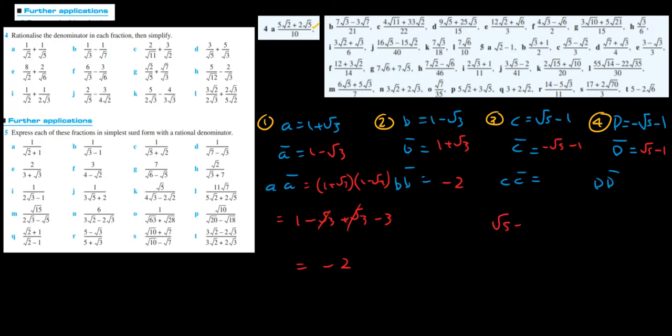Let's multiply out here. We get negative 5, negative root 5, positive root 5, plus 1. That goes, left with negative 4. Let's do this one.